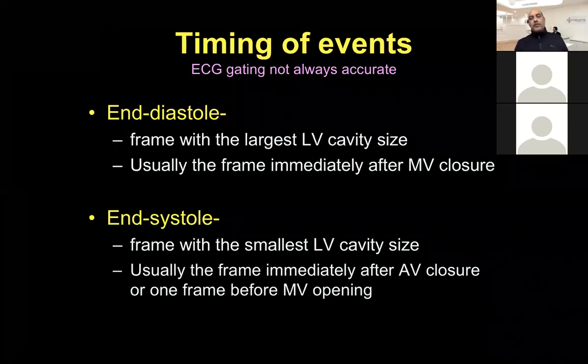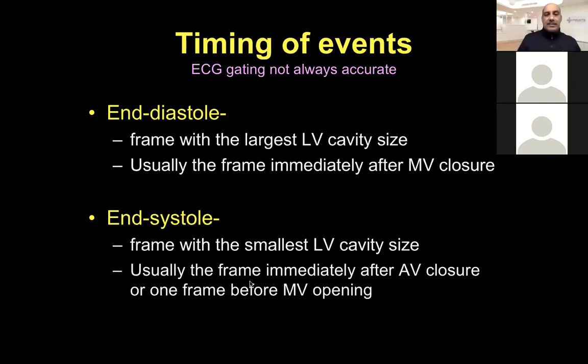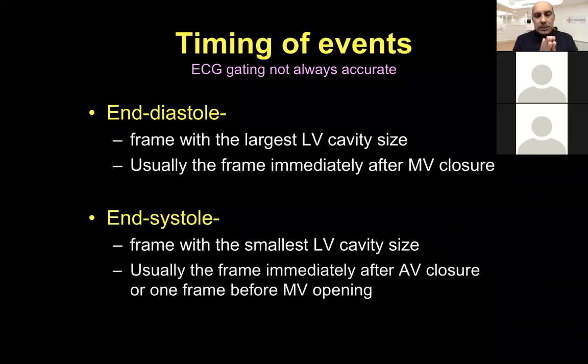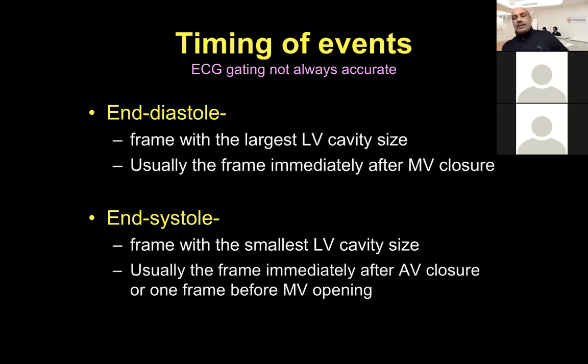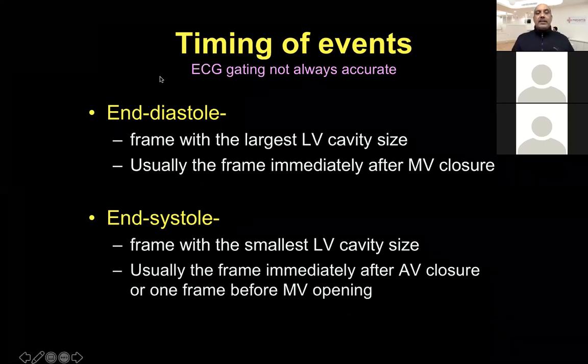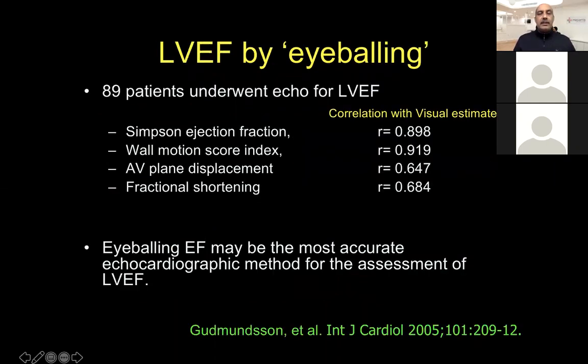At that particular point of time, this is end diastole. And systole is when the mitral valve has closed, smallest LV cavity size, and it is just about to open. And that is when we have to look at the end systole. So this is how we time the end-diastole and end-systole dimensions to calculate the volumes.